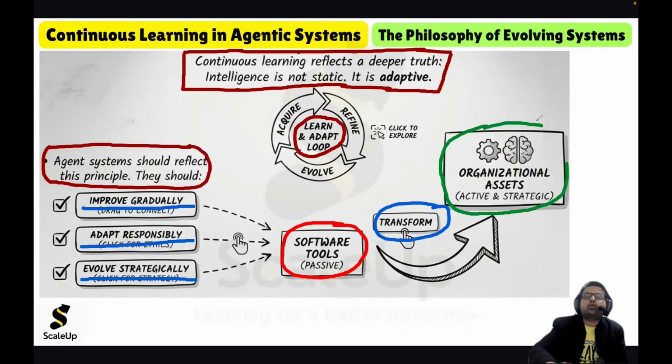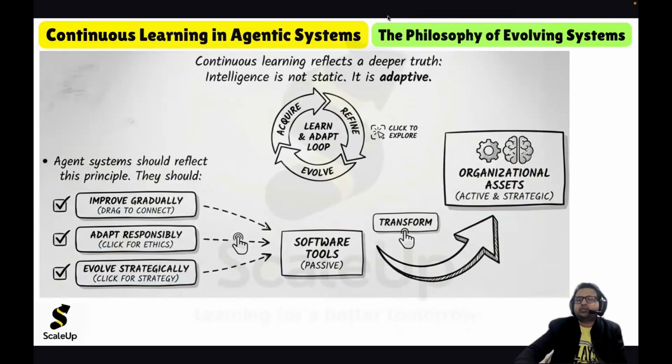This is the core essence of this lecture: agentic systems should be evolving systems, wherein they continuously learn, improve gradually, adapt responsibly, and evolve strategically. With this, these agentic systems will become organizational assets. The software tools which were passive in nature will get transformed into organizational assets. That's the philosophy of evolving systems.